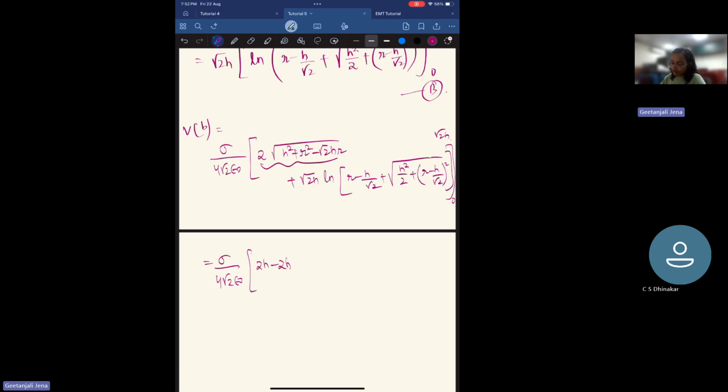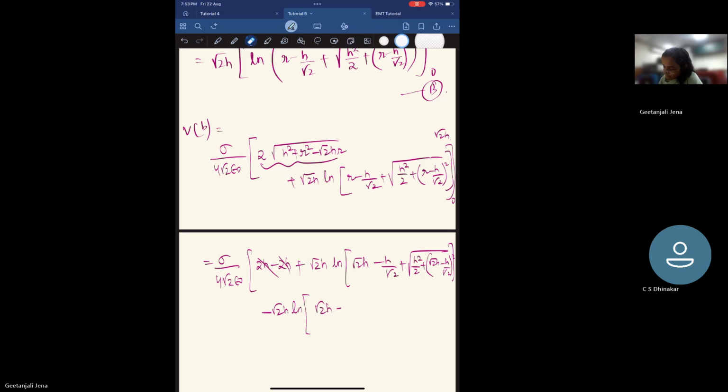2h minus 2h. This will cancel. And for the second part, it will give root 2h ln of root 2h minus h by root 2 plus square root of root 2h minus h by root 2 square, minus root 2h ln for 0 it will be.